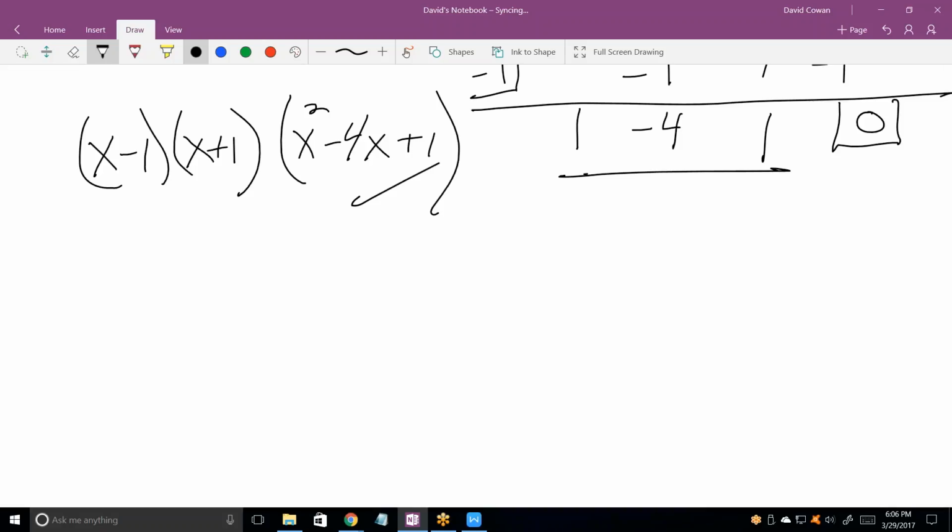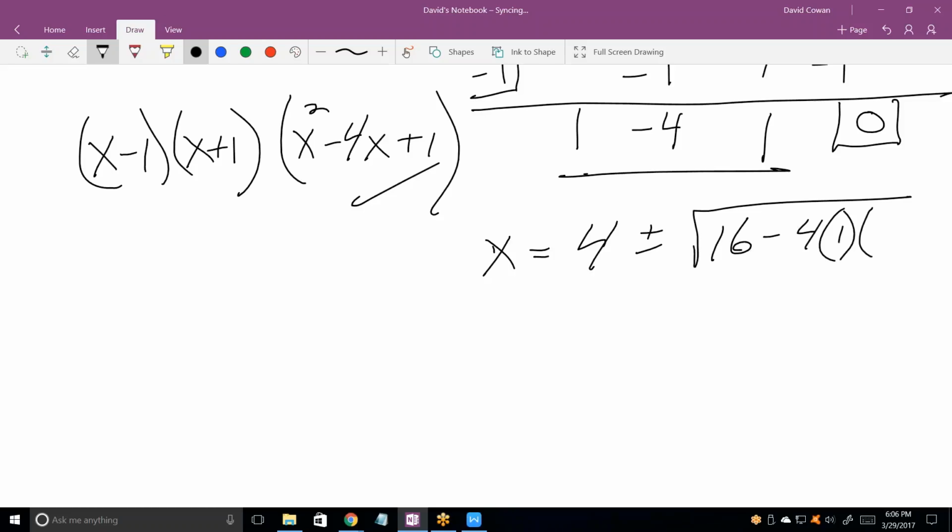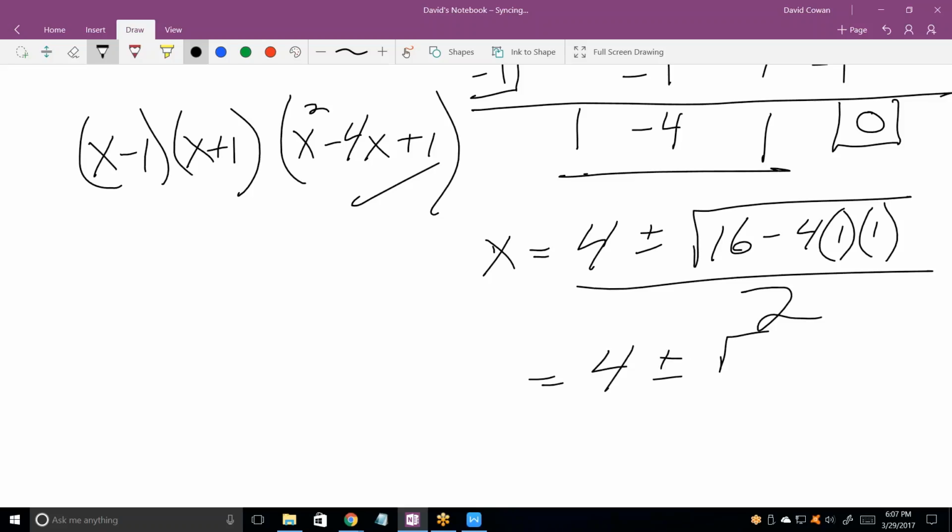So without looking at her key, tell me how I'm going to solve that quadratic. 4 plus or minus the square root of 4 squared minus 4 times 1 times 1, divided by 2. Which gives us 4 plus or minus the square root of 12 over 2.